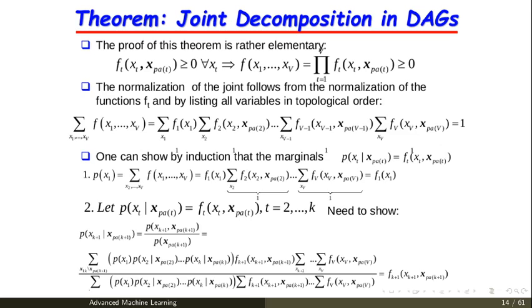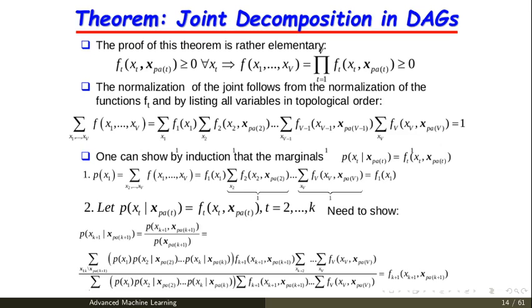When I write the decomposition of the joint probability distribution counted from 1 to k, these are the conditional distributions, because they are part of my induction, and the below ones are the factors.